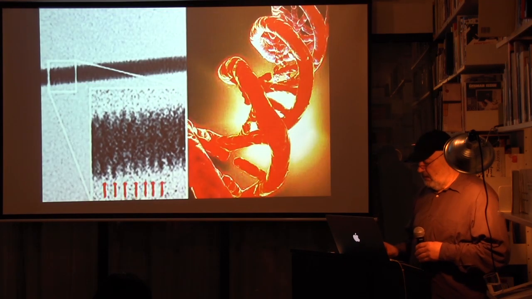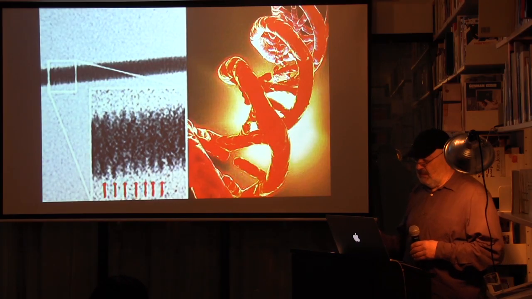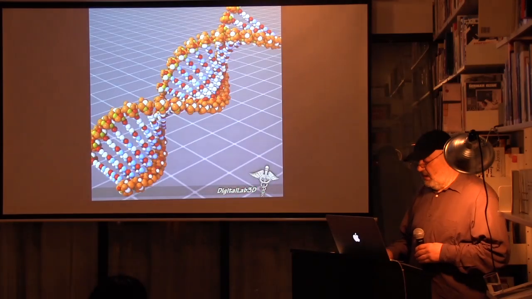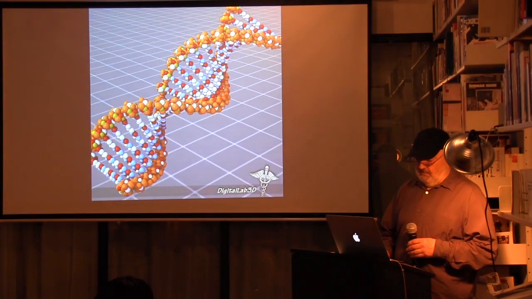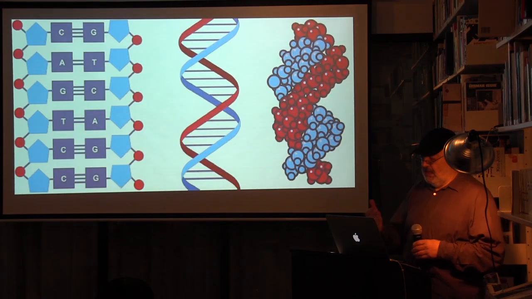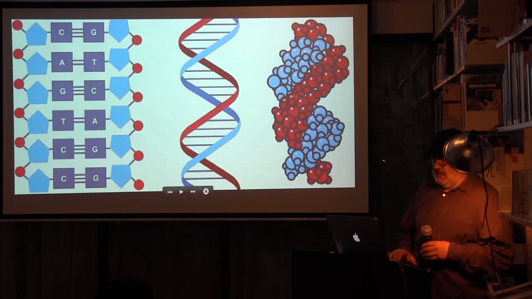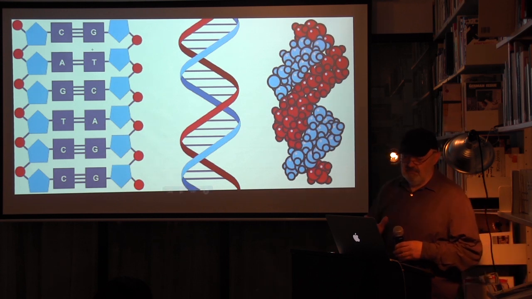So on the left is a picture of DNA, on the right is the model. And this is another model. Here we have the introduction of colors, but you will notice that all the bases are represented with the same color, dark blue.